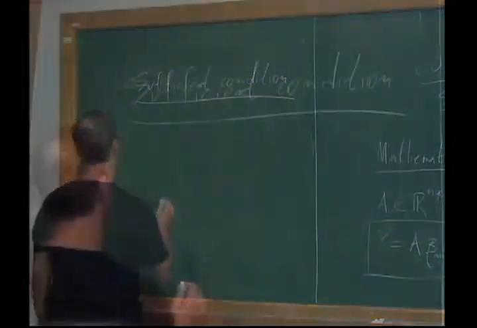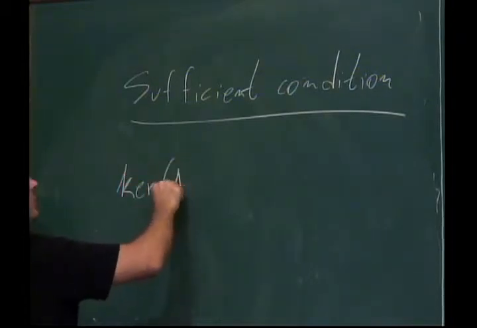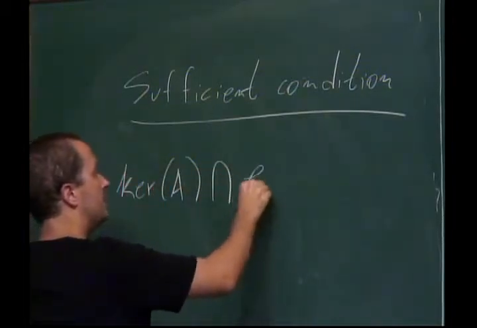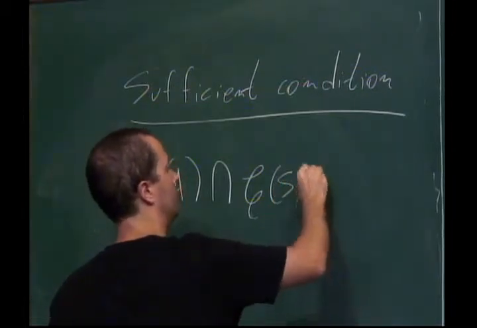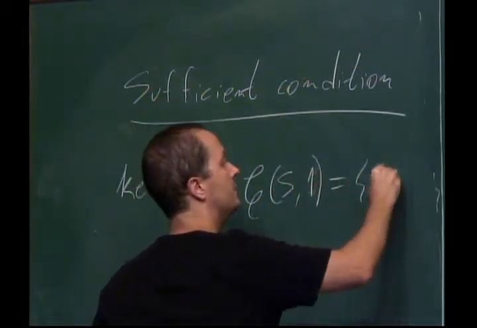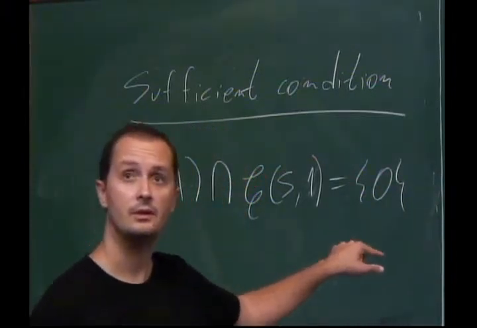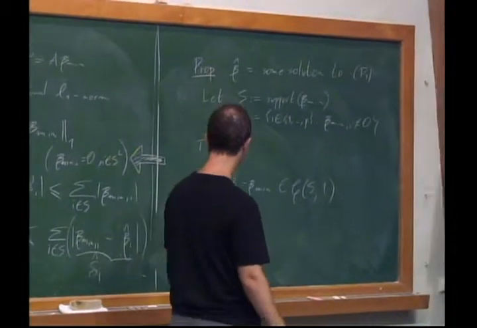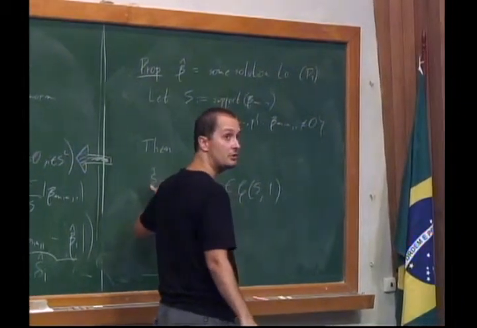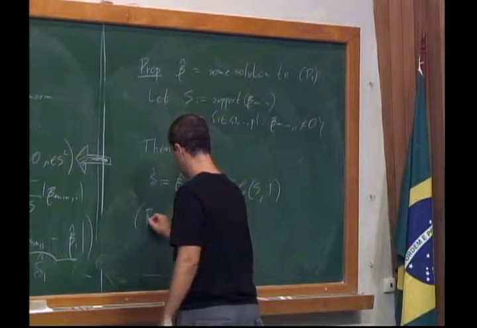But let me say that the sufficient condition would be this: that the kernel of A, its intersection with this restricted set, only contains the zero vector. So suppose we know this. Then we can come over here and say, if I have some solution to problem P1, this delta hat belongs to the kernel of A, by the same argument as before.